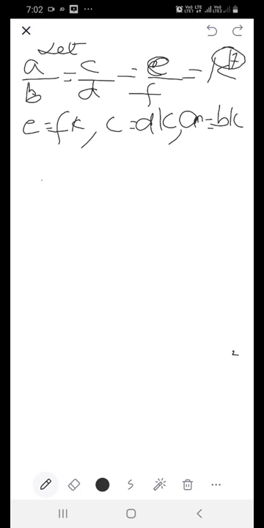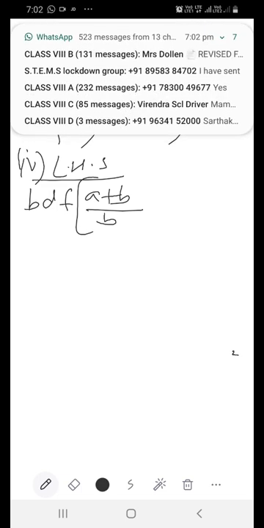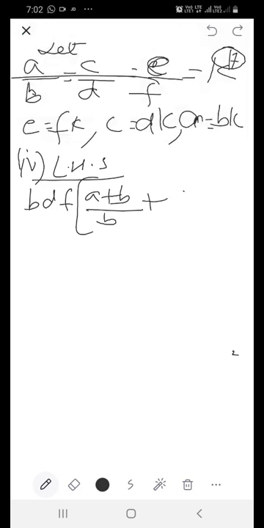In the fourth part, the left hand side is BDF times (A plus B upon B plus C plus D upon D plus E plus F upon F) whole cube.